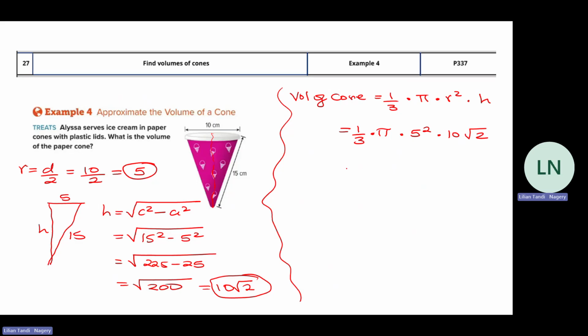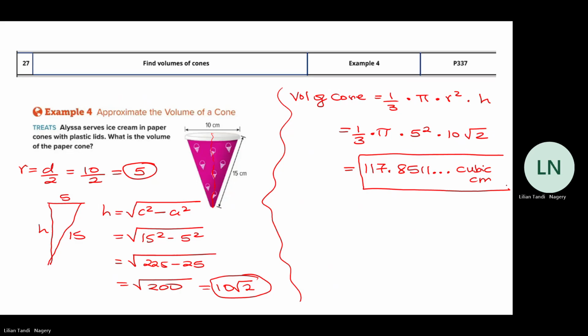When you put all this in the calculator, it should give you 1178511. And then you round it according to what the question says. So this will be cubic centimeter. Okay? The question tells you to round to the nearest hundredth, tenth, then you do.